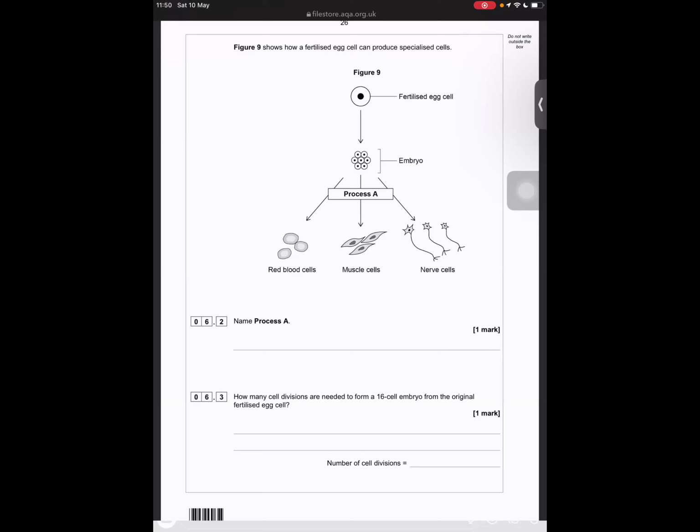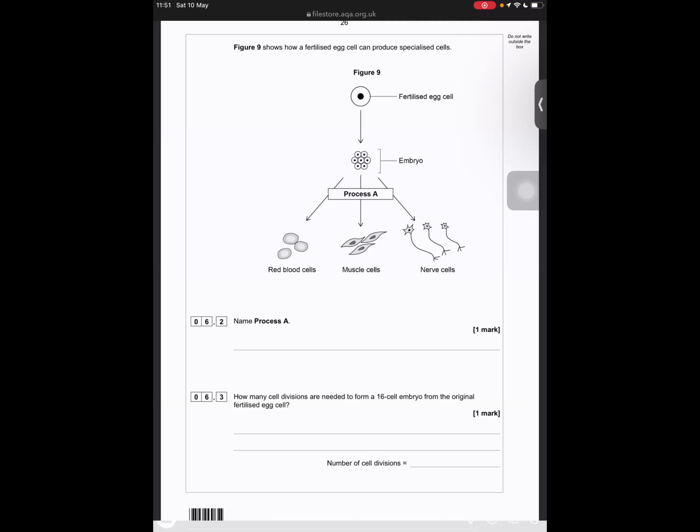How many cell divisions are needed to form a 16 cell embryo from the original fertilized egg cell? If we assume that each cell divides into two, and so on, how many times will that need to happen for us to have 16?